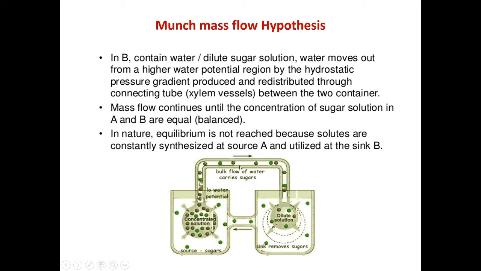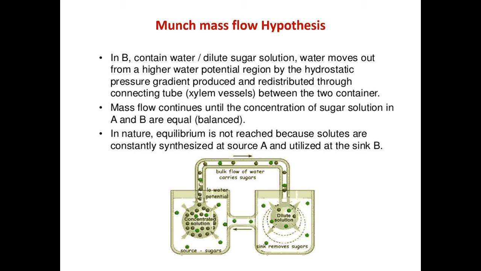This tube denotes phloem. This is the point where the organic substances are produced, and this is the point, that is sink, where the organic substances are utilized, and both are connected with a tube-like structure, which is compared to a phloem. Okay, so this is what this Munch hypothesis explains.